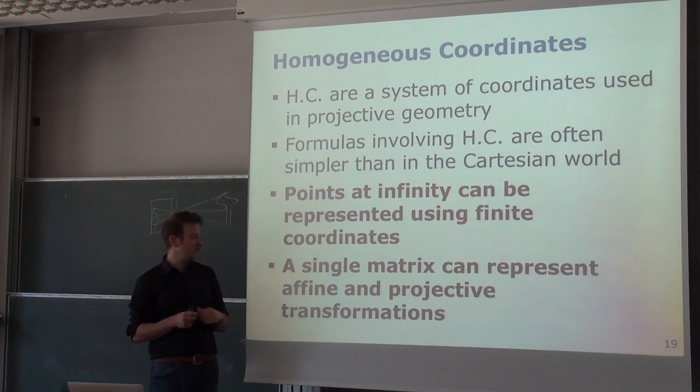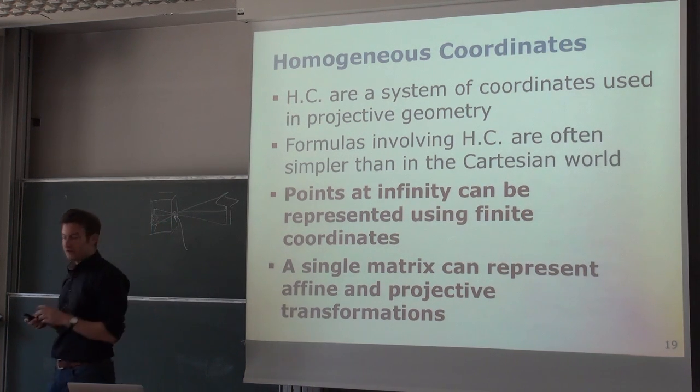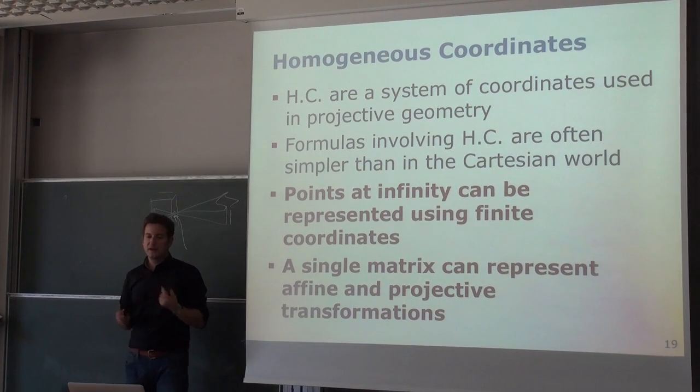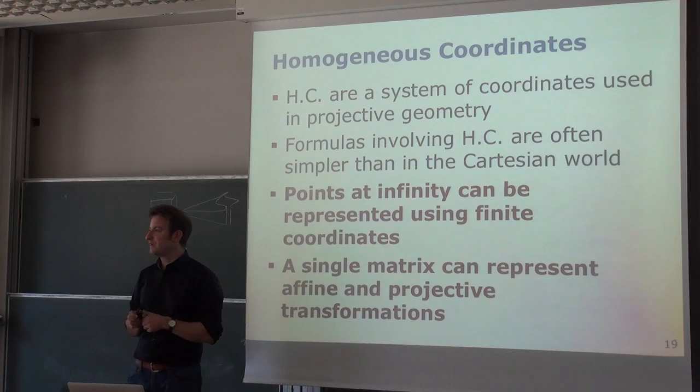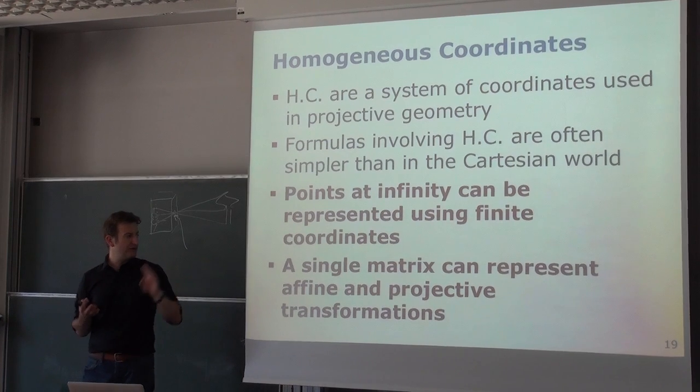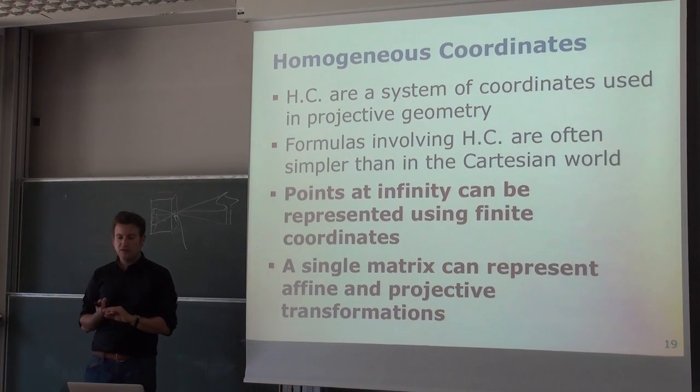The second thing, which is pretty useful if you work with transformations, is that using these homogeneous coordinates, we can represent different types of transformations, like rigid body transformations, affine transformations, or projective transformations, using a single matrix.